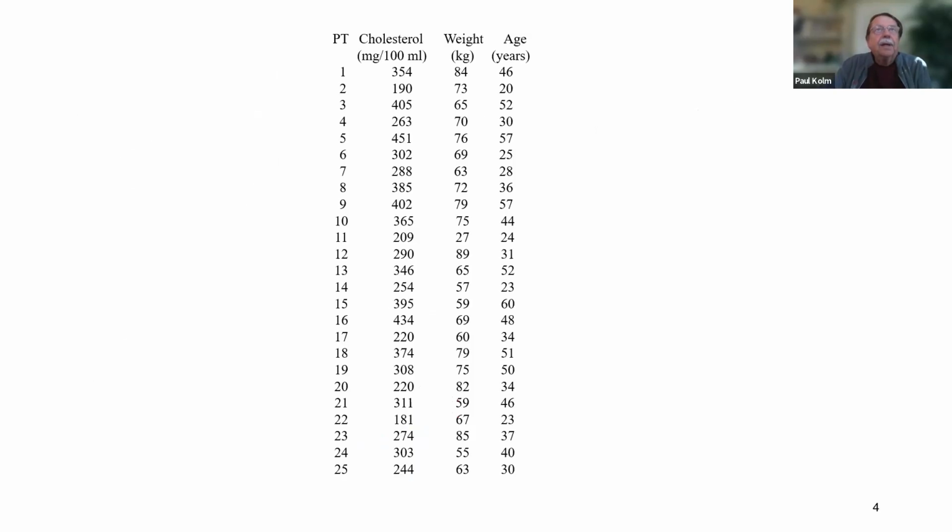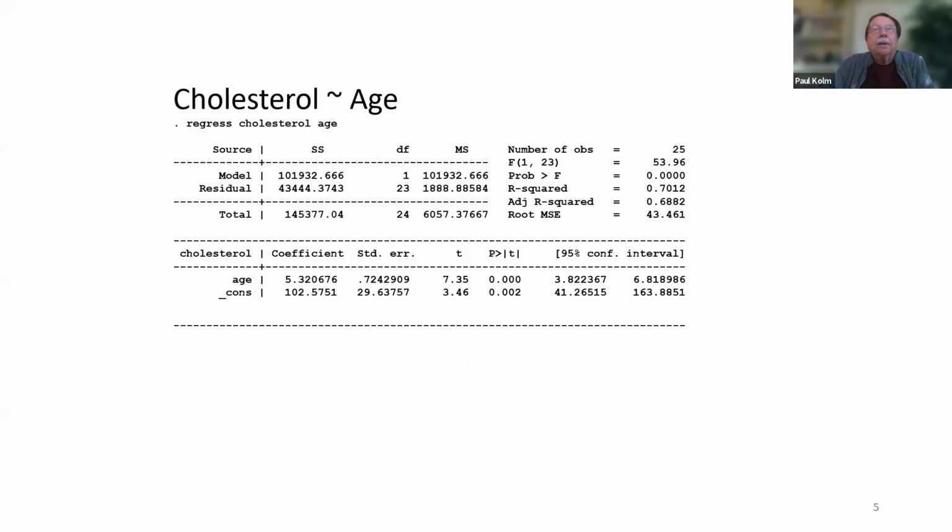So I have an example here of 25 patients where we have values for each on cholesterol, weight, and age. And so we might want to ask the question, does weight or age predict cholesterol? Or can we model cholesterol as a function of weight and age?